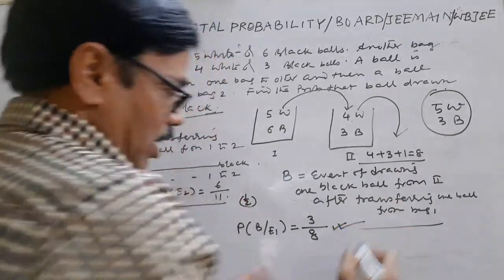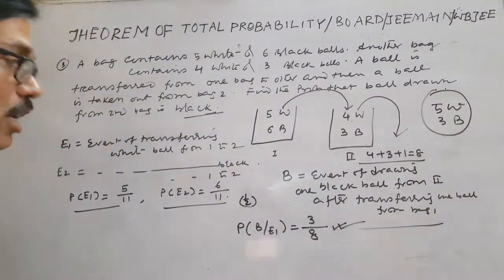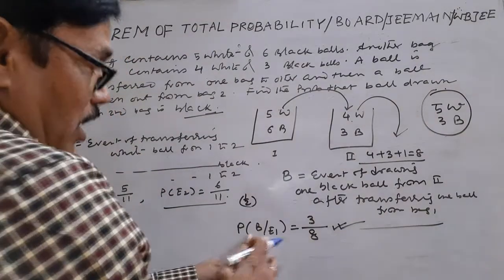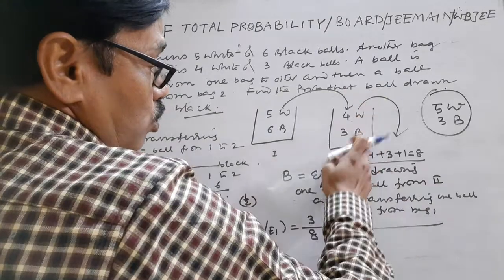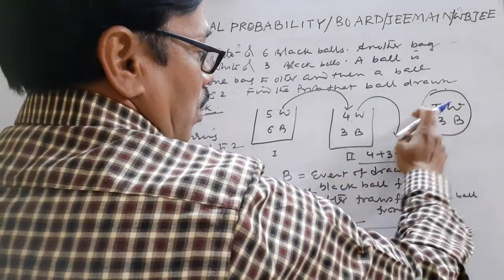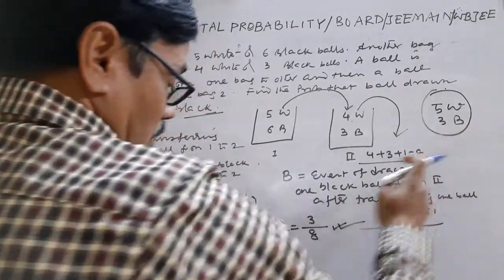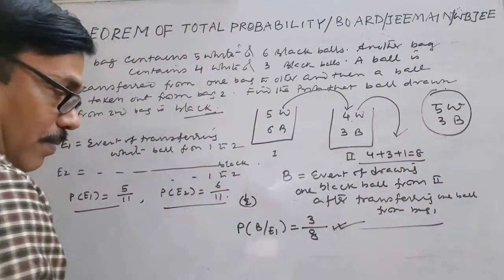This is 3 by 8. This is to be noted. So B by E1, the probability of drawing a black ball from bag 2 when a white ball is transferred: 5 white, black unchanged, and you are taking a black ball. So this is 3 by 8.